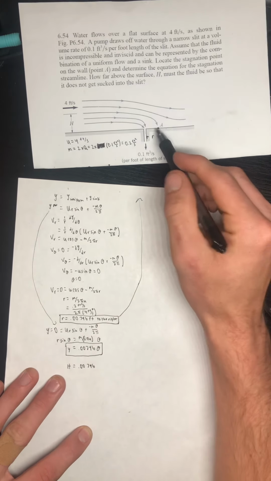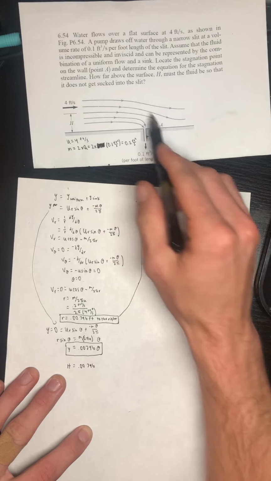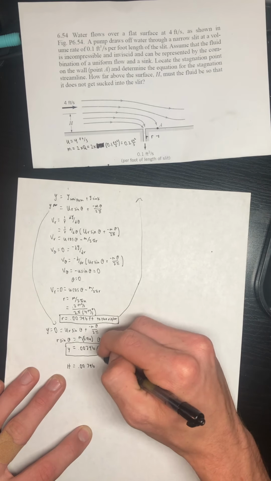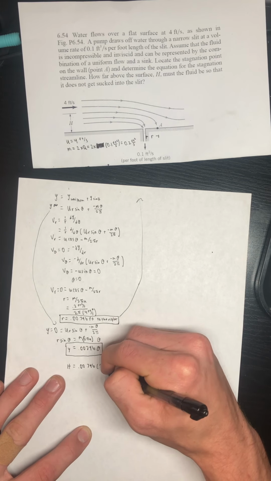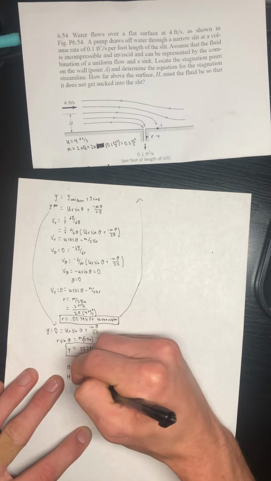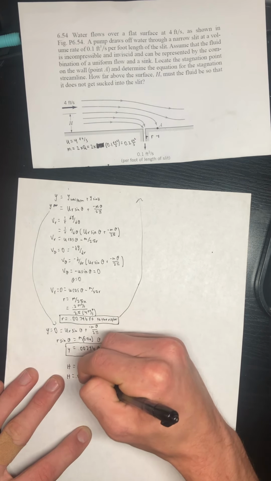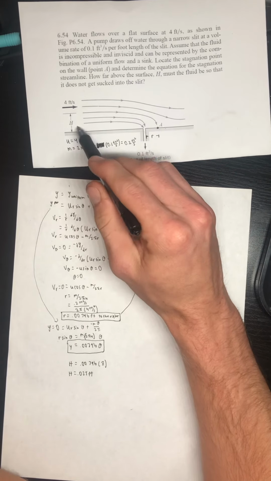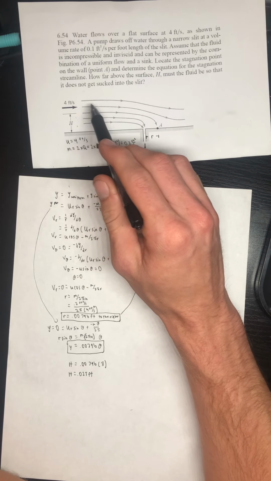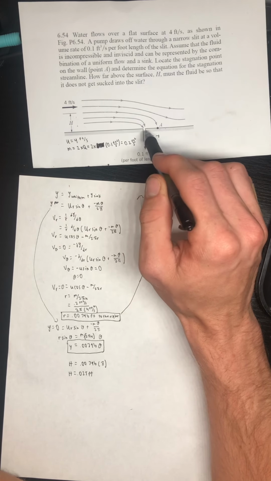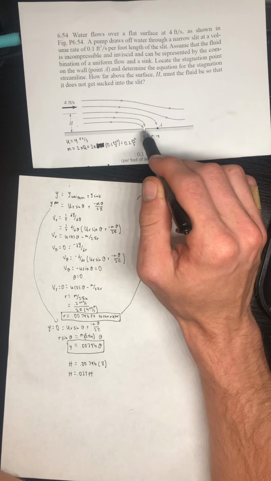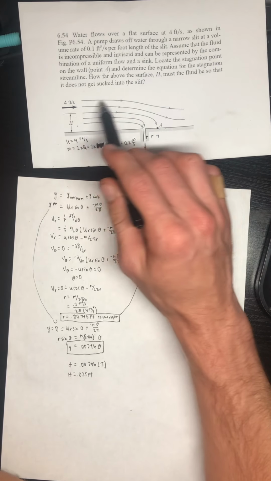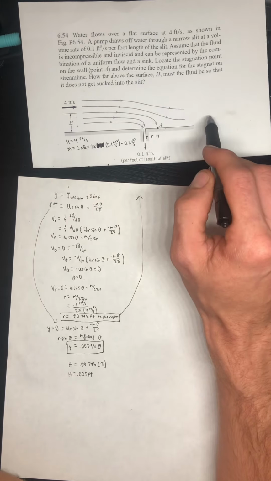And since we're now talking about the streamline equation for the stagnation point, we can say that theta is equal to pi. And that will give us an h value of 0.025 feet. So anything above 0.025 feet is going to be able to escape the flow of the sink here. It's going to keep on going over this flat surface.